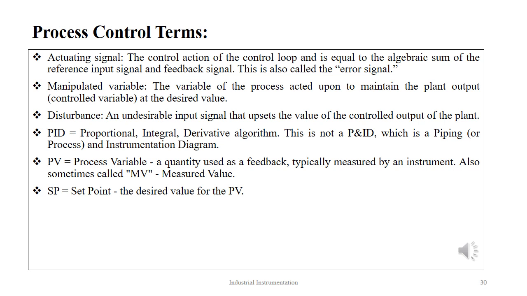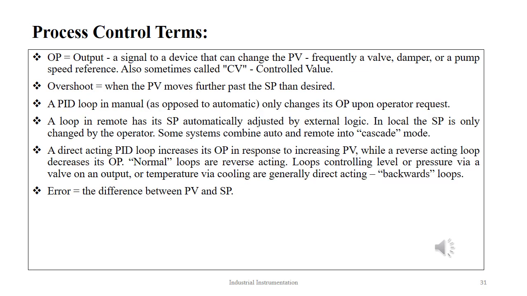We have SP as the set point or the desired value of the PV. OP represents output, a signal to a device that can change the process variable frequently, a valve, a damper or a pump speed reference, also sometimes called CV or control variable.